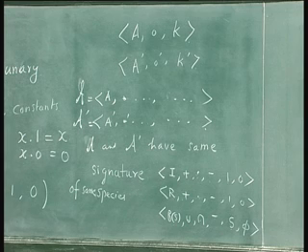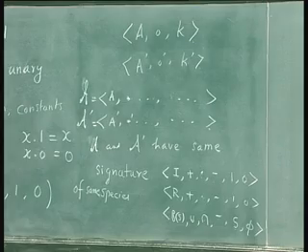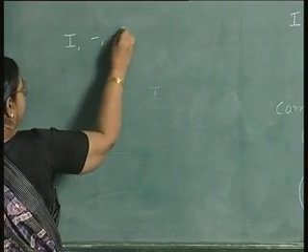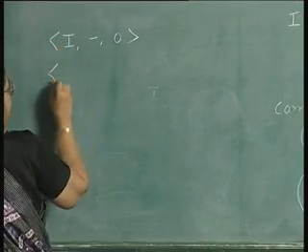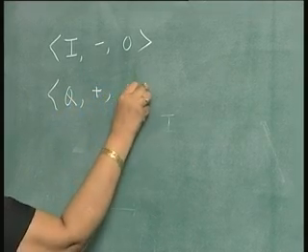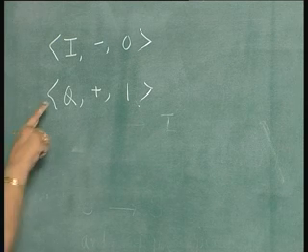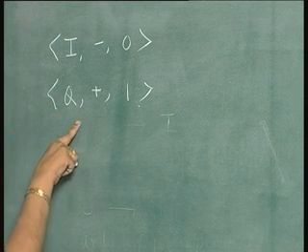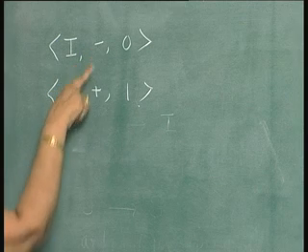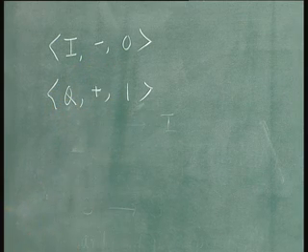Now, look at this example. I, minus, 0 and the set of rational numbers, plus, 1, something like that. These are of the same signature because you have one underlying set, one binary operation, one constant, but they may not have the same property.